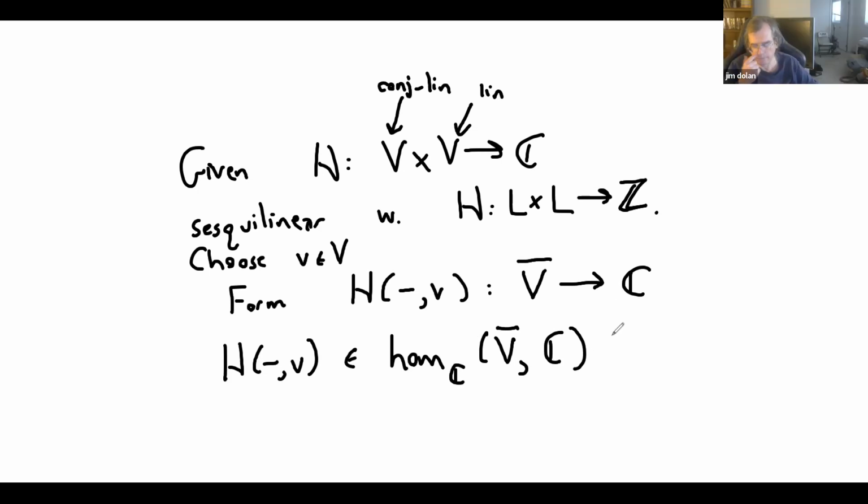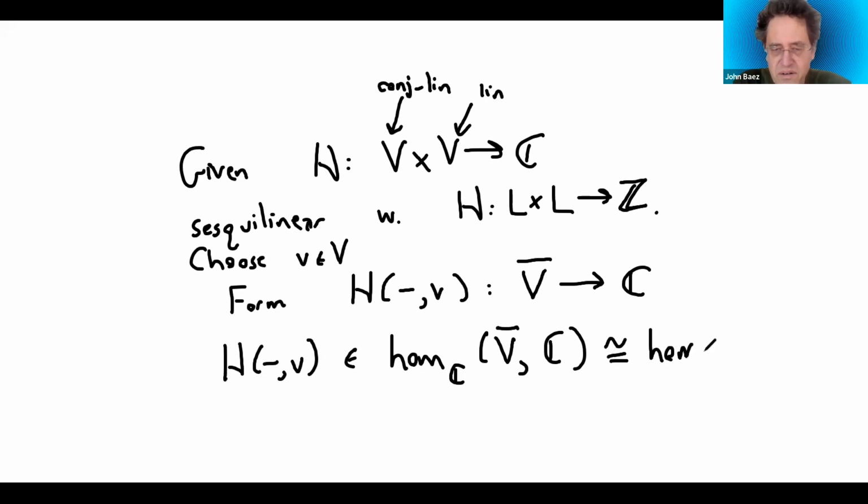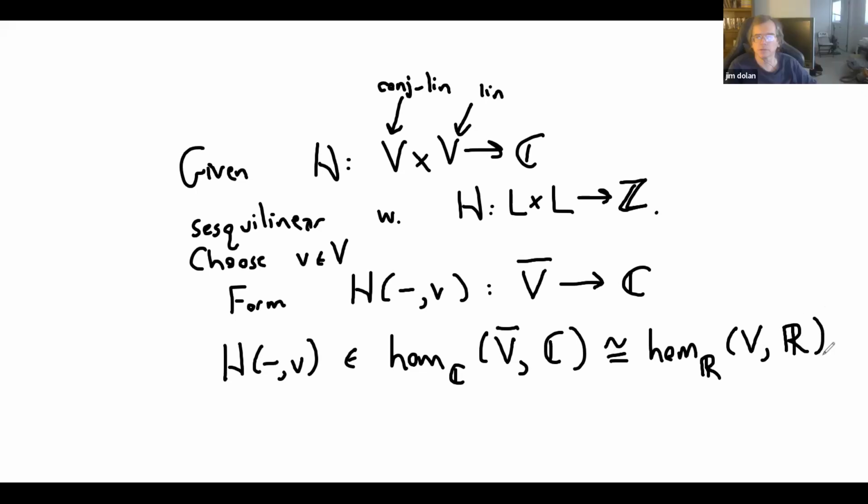Okay, so then one key trick is that there's a canonical isomorphism between these and real linear maps from V to R. This is almost like something that we were talking about a minute ago that you mentioned.